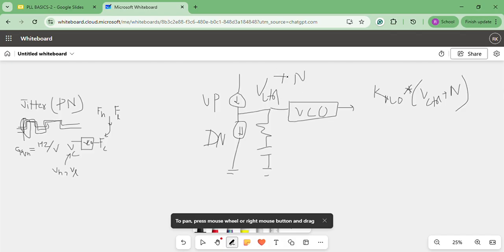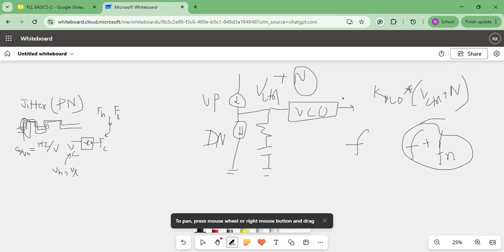If there is even a small noise, it will be multiplied by the VCO gain, and it will shake our desired frequency. Shake in the sense that if we need a frequency F, it will generate a frequency F plus some noise frequency, F noise. So it will shake our desired frequency if there is noise in the VCO control voltage.